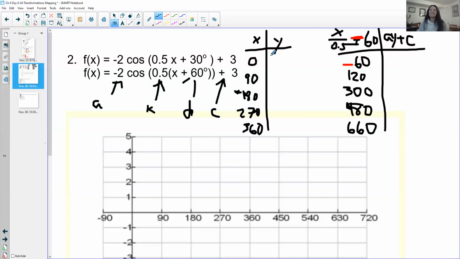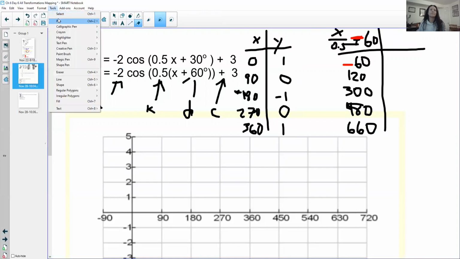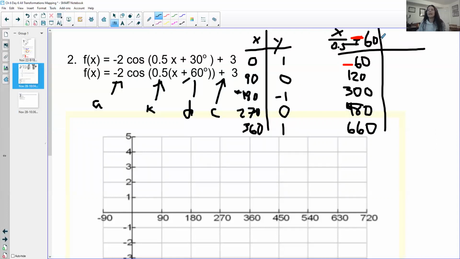For the Y values, your original function, your 5 main points for cosine would be 1, 0, -1, 0, and +1. Take your Y value, so take this 1, substitute it in here. My A value is -2, so now I'm going to plug these in, AY plus C. So -2 times whatever my Y value was, and then plus C, which is 3.